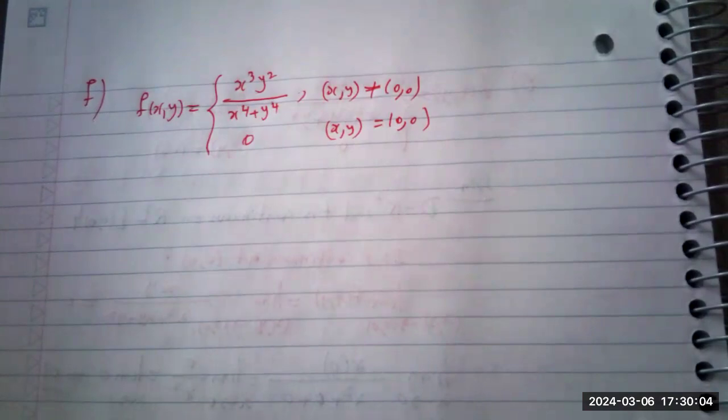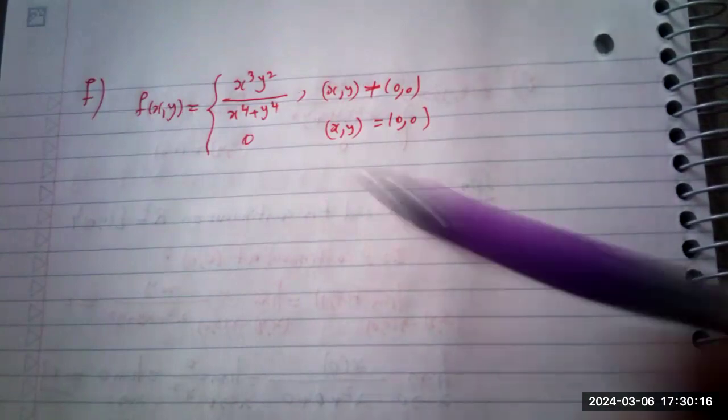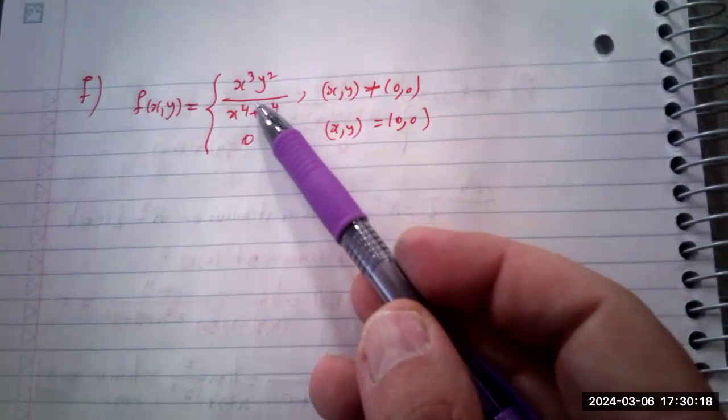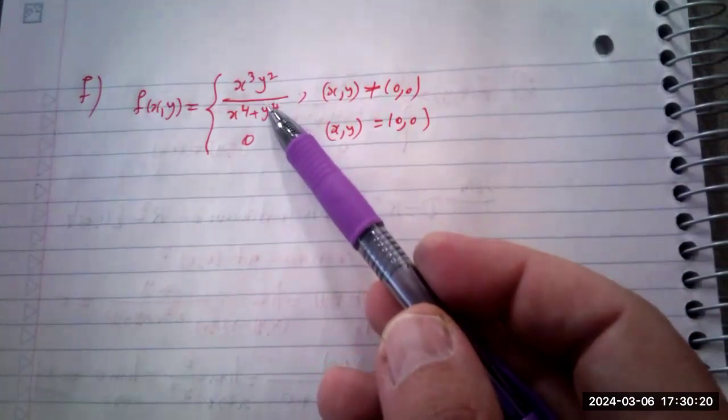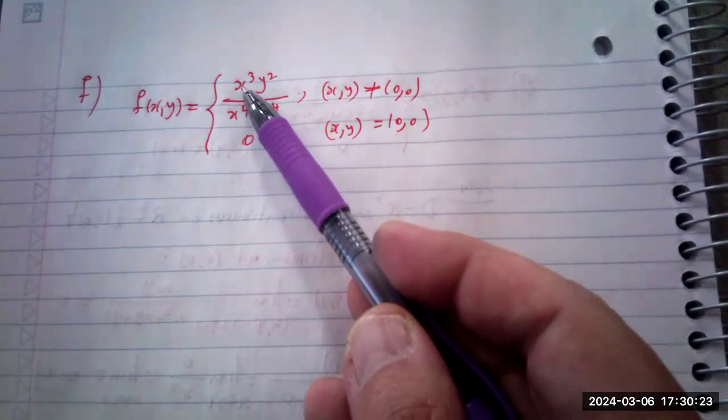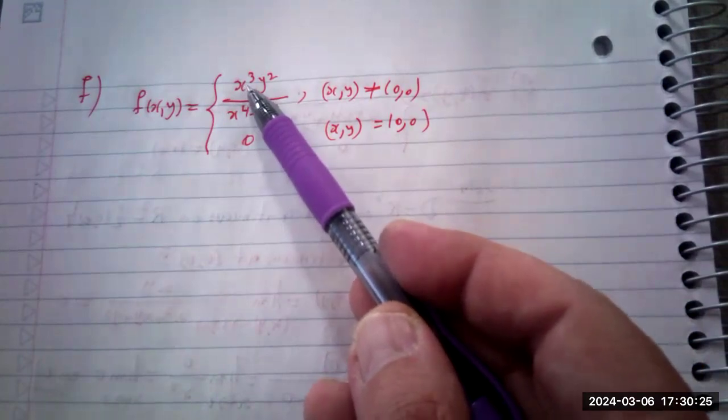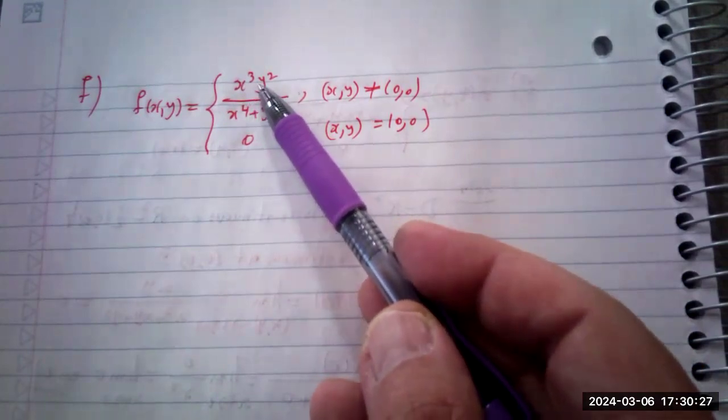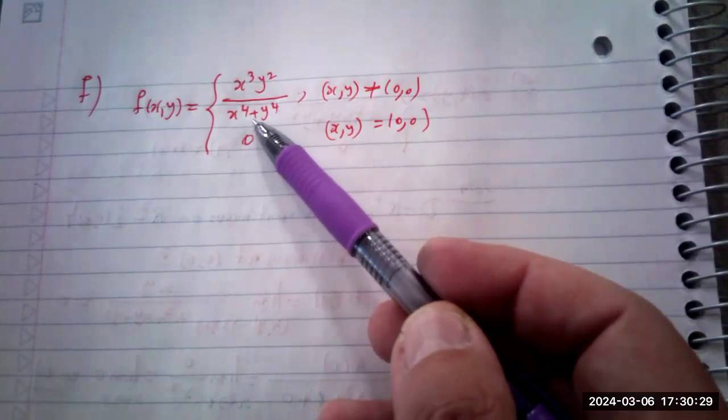Again, the domain is going to be R squared. The function is already continuous away from 0, 0, and at 0, 0 you see there was a very special function. Remember, this one was special, and we proved it. We pull out the x squared from the top, so the top would be x squared y squared over x to the 4th plus y to the 4th.